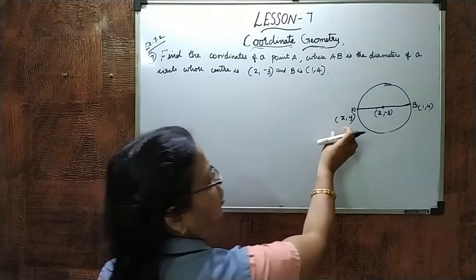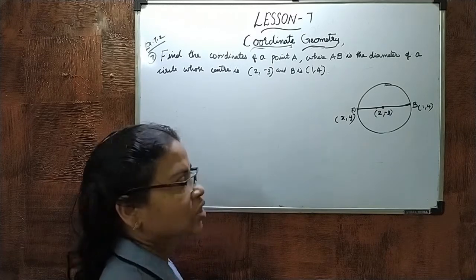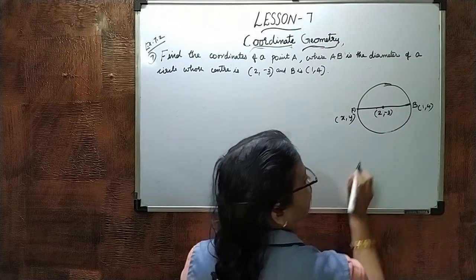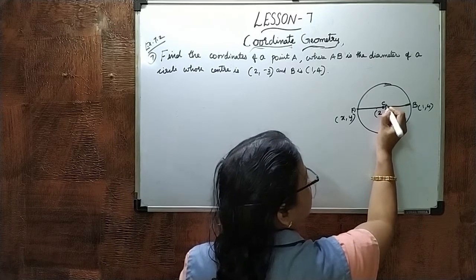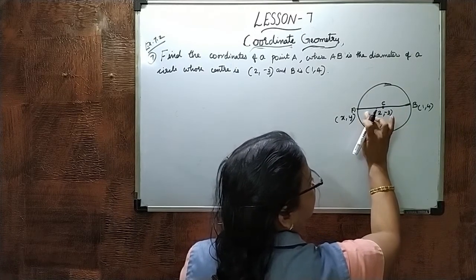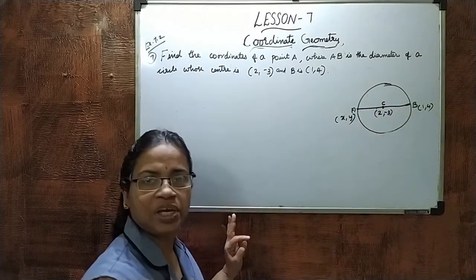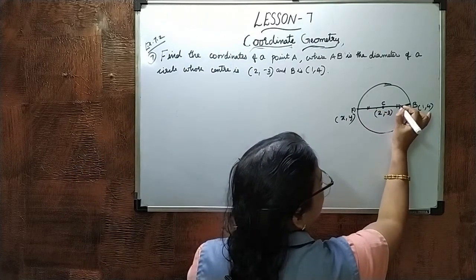How will you find out the coordinates of A? So you know that this is the diameter and this is the center. Means what? Here we will point out as C. And when the center comes, this will be the radius. Here also will be the radius. And we know that radius will be equal, right? That means AC will be equal to BC.